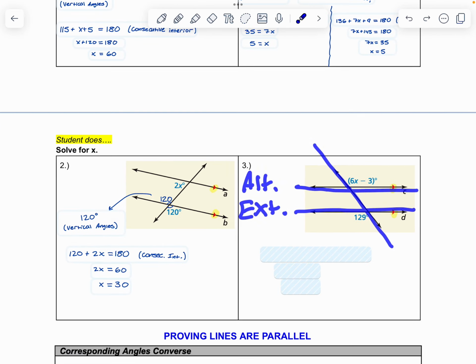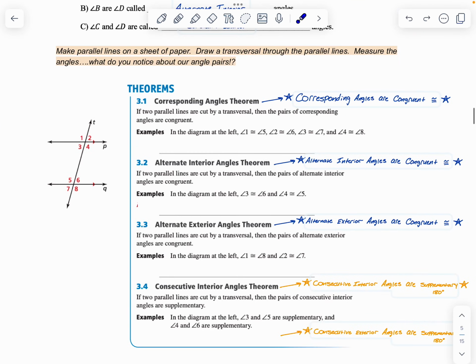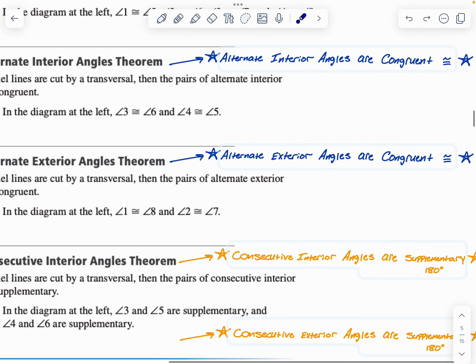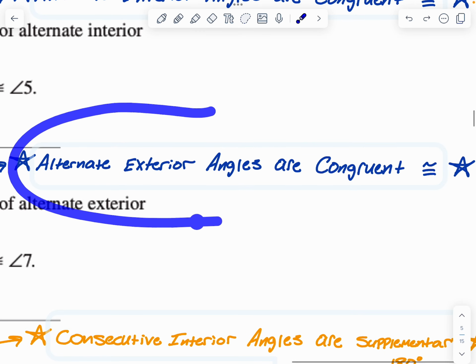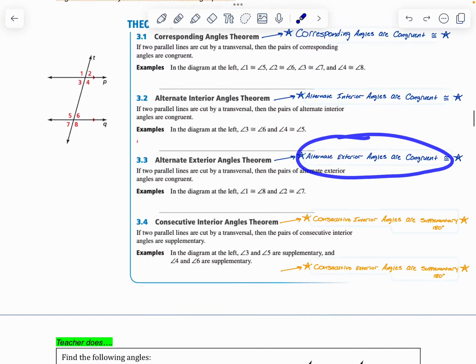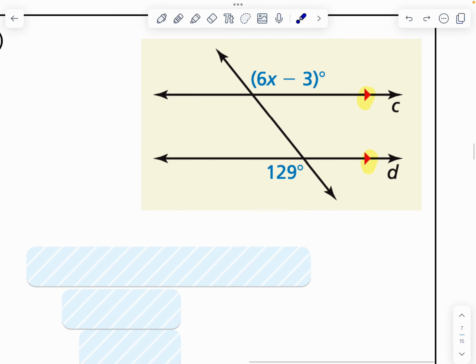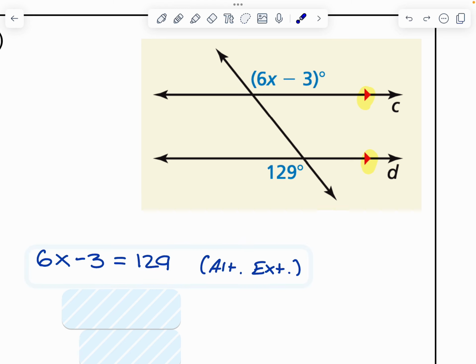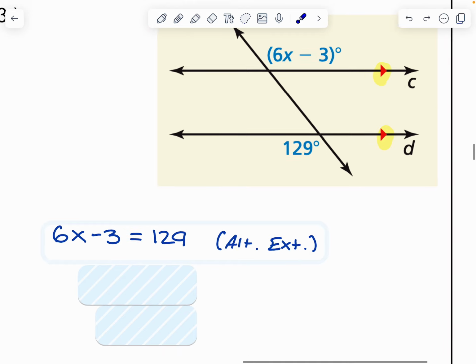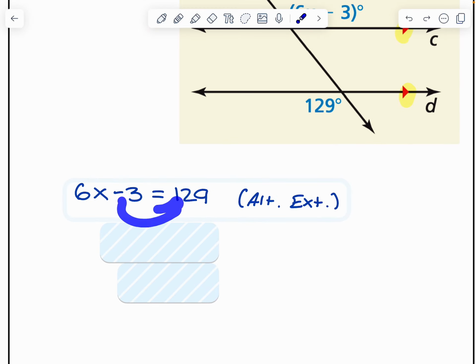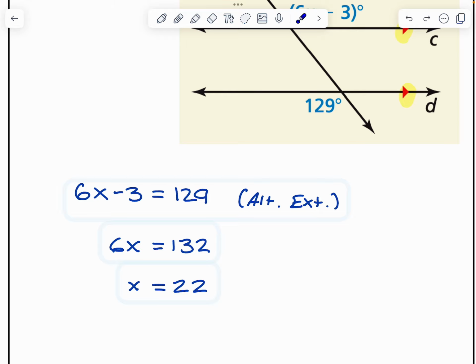And I know that alternate exterior angles are congruent. So I go back down and I look. Well, I see 6x minus 3, and that's going to be equal to 129 because they're alternate exterior angles. Don't make algebra mistakes. Add your 3 to the right side. 6x is equal to 132, and I get x is equal to 22.